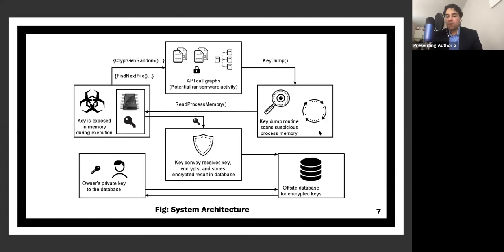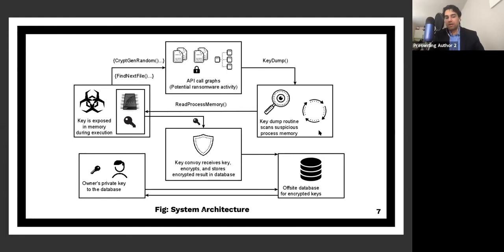And then a key convoy is responsible for securely transmitting these keys and putting them in a database. It's very important that, because we're not 100% certain that this is a ransomware process, if you're extracting any keys, you want to be sure that only the owner can decrypt these keys if needed.